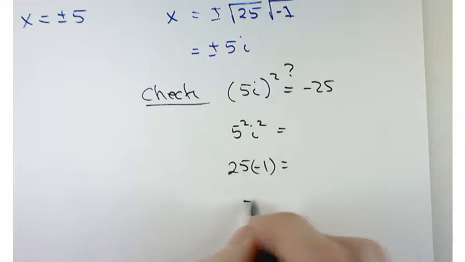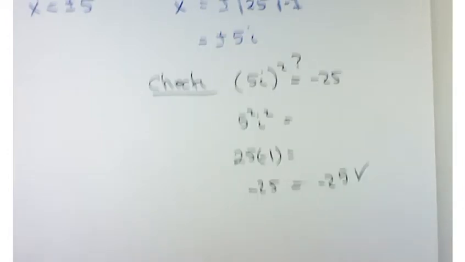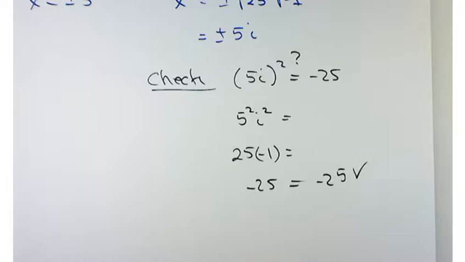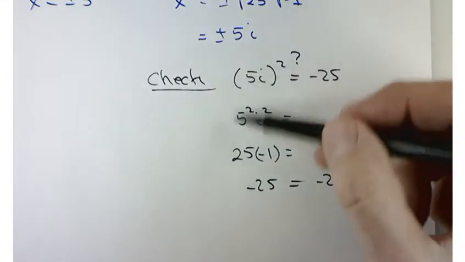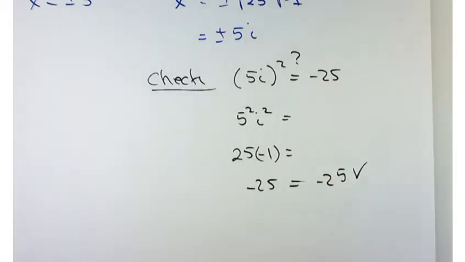Negative 1. So it works. Hey, 5i is something that you could square to get negative 25. And it wouldn't matter if I squared negative 5i because that negative would cancel itself out over here. So both of those answers work. Yay.